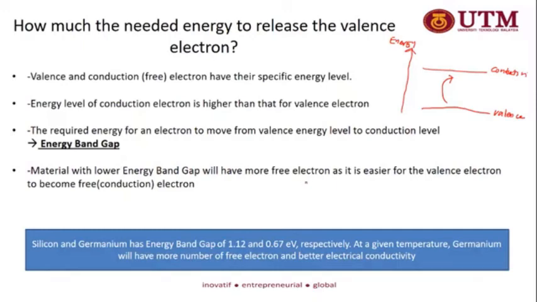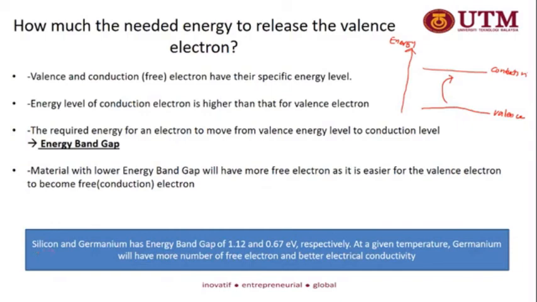Why? Because it is easier for the valence electron to become a free electron, since the required energy is less. A lower energy band gap means the required energy to release the electron is less. Okay, this is the statement.